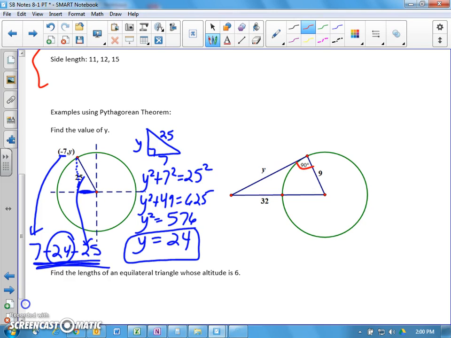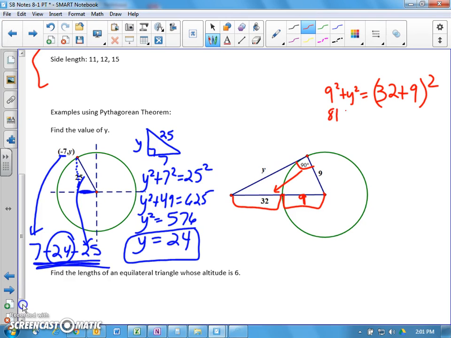Here's a 90-degree angle, which makes this our hypotenuse. Okay, so we have 9 squared plus y squared equals 32 plus 9 squared. 32 is this, 9 is the radius of that circle, so this is also 9.